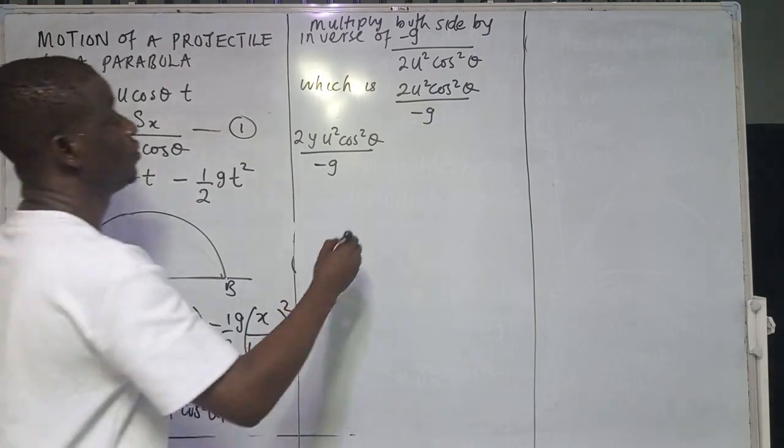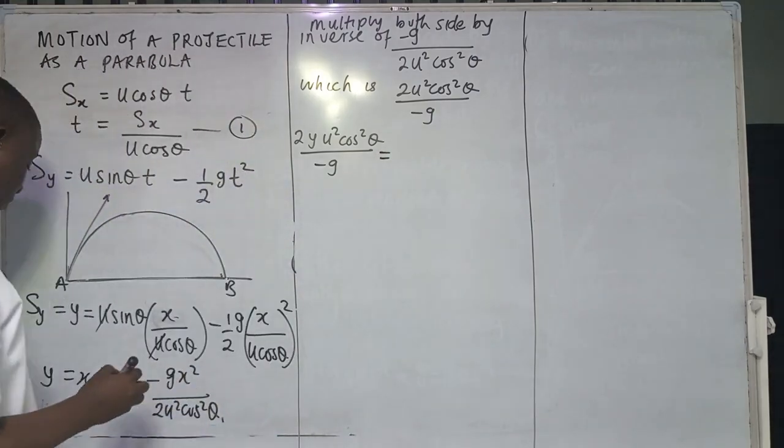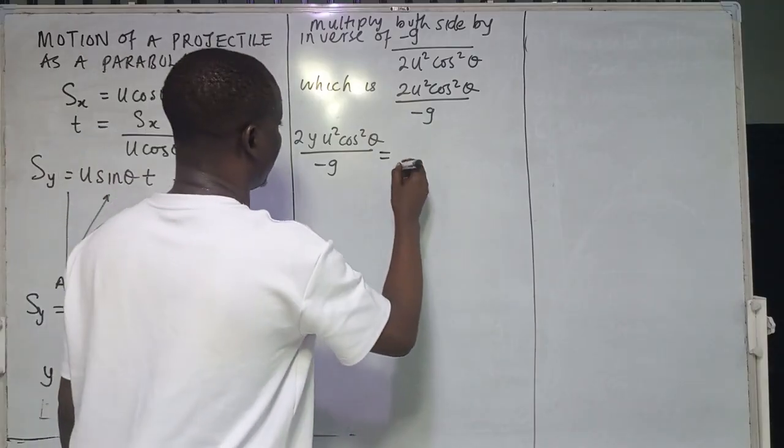So then equal to what? This one, if you multiply by that, what do you have?